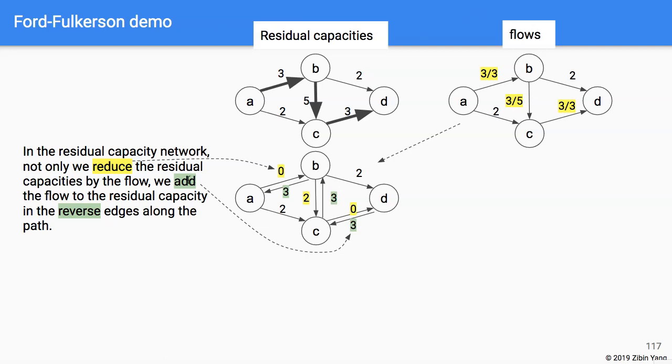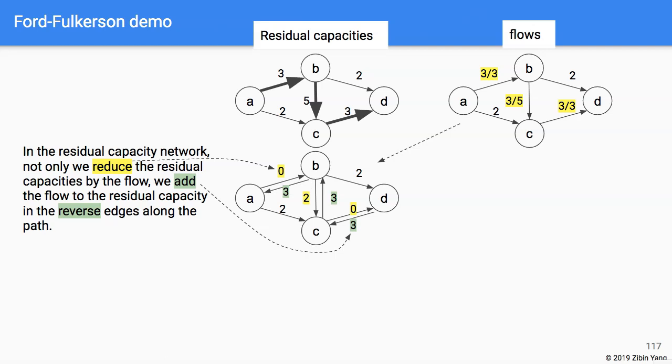Now, we also increase the residual capacity of all the edges in the opposite direction. Since we sent a flow of 3 on this edge, we're adding a residual capacity of 3 in the opposite edge. And then again, add a residual capacity of 3 in the opposite edge, and add a residual capacity of 3 in the opposite edge.